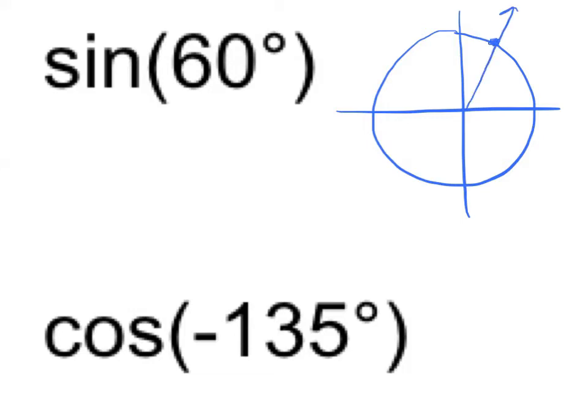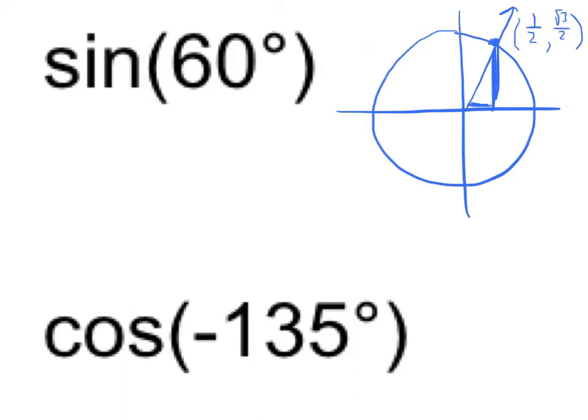If you go through that point, my thought always goes to, the x-coordinate is short, the y-coordinate is long, and if you think about our options, 0, 1/2, the square root of 2 over 2, the square root of 3 over 2, and 1, the short and long options are 1/2 and the square root of 3 over 2.